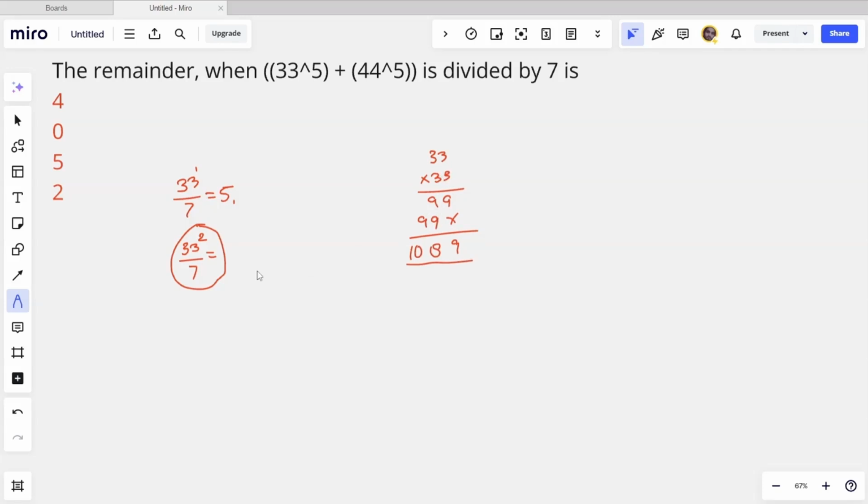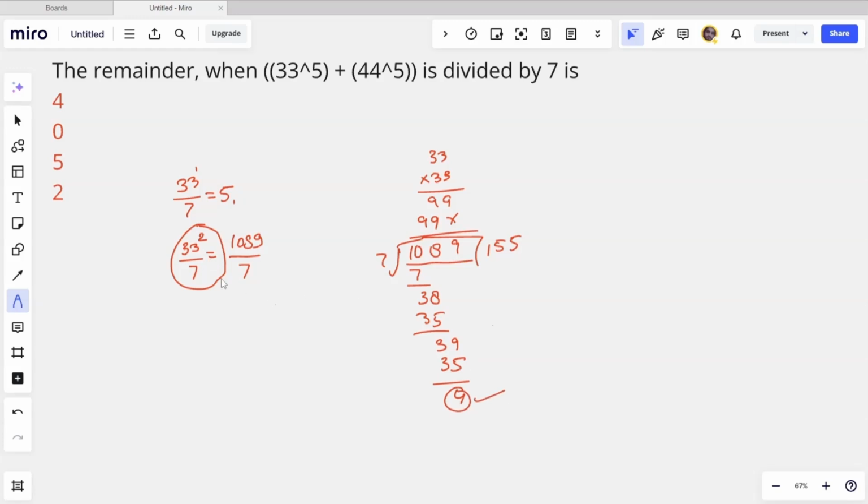This is the answer. So 1089 divided by 7. If we divide it by 7, 7 1s are 7, it will become 3, and 7 5s are 35. It will become 3 and 9, and as you can see, 7 5s are 35. So the remainder is 4.